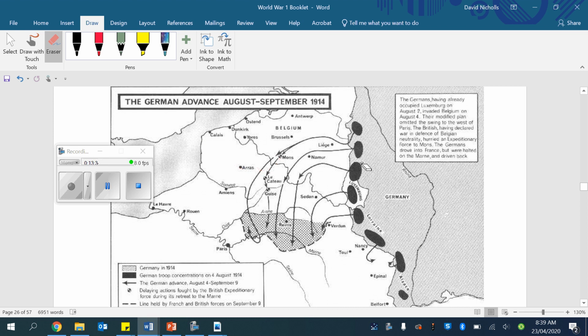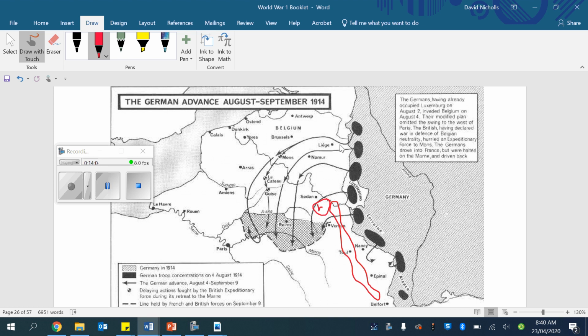As the Germans move into France, the French army, remember, is largely down in this area here. That's the bulk of the French army. Now there is one army over here, their Fifth Army, and that's about it. This Fifth Army's commander is named Lanzerac, and he can see the issues happening.